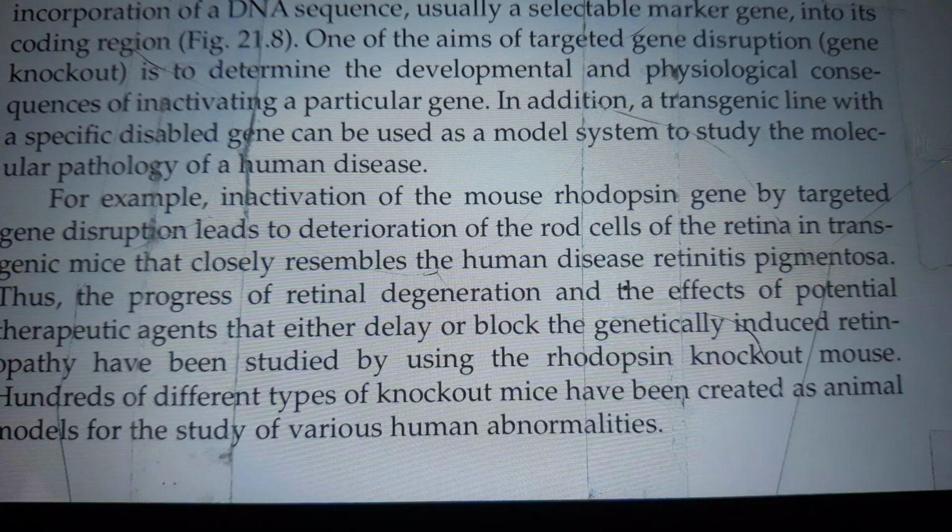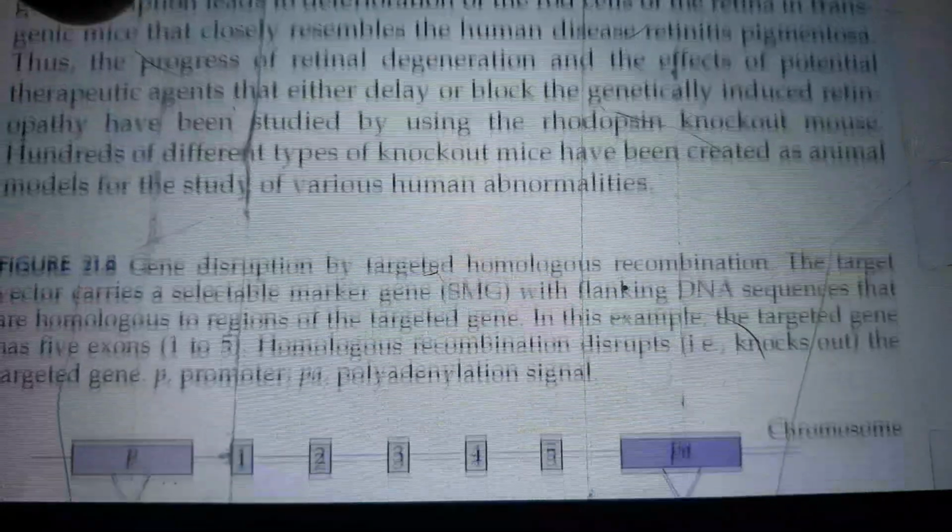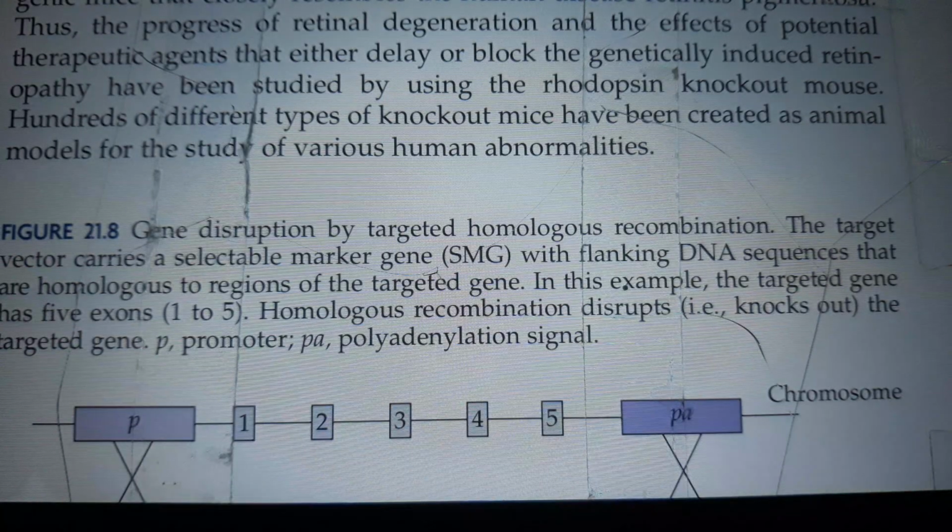Thus, the progress of retinal degeneration and the effects of potential therapeutic agents that either delay or block the genetically induced retinopathy have been studied by using the rhodopsin knockout mouse. Hundreds of different types of knockout mice have been created as animal models for the study of various human abnormalities.